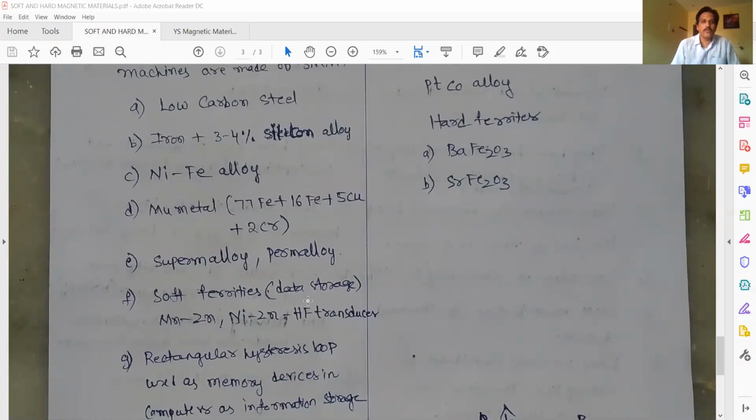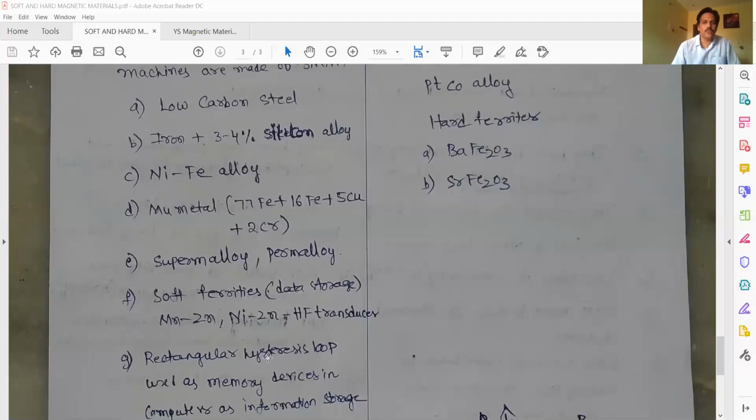So we use soft ferrites, such as manganese zinc ferrite and nickel zinc ferrite. Manganese zinc and nickel zinc ferrites are used as high frequency transducers. Next, a rectangular hysteresis loop is used for memory devices in computers as information storage.